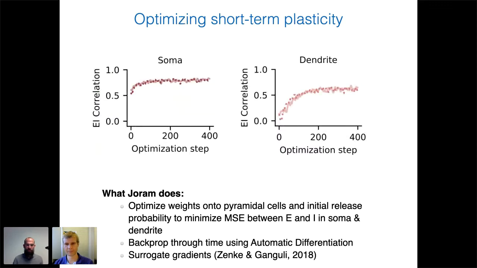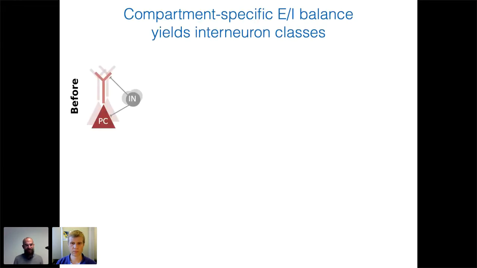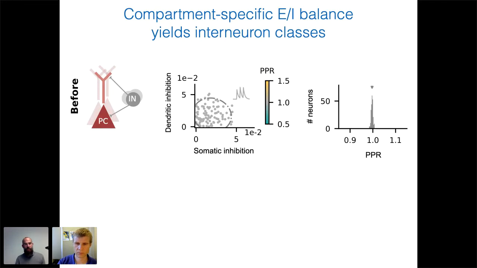Everything works. What you see here is the excitation-inhibition correlation nicely creeping up over the course of optimization. It works both in the soma and in the dendrite. So for once, a workshop where I can show learning curves, which is nice. But the more interesting thing is, of course, to see what the outcome is. Let's start with what we have before learning. As I said, it's an inhibitory population that's totally homogeneous.